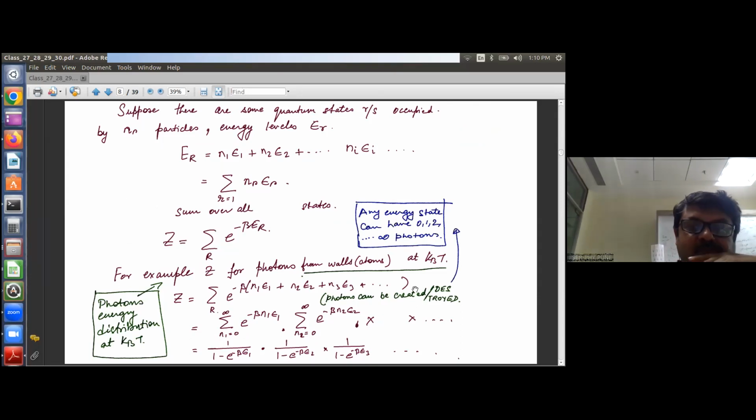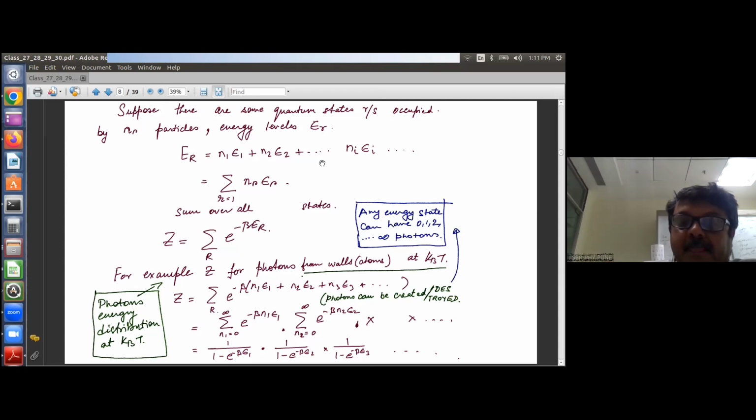Now suppose there was a set of quantum states corresponding to energy epsilon 1, epsilon 2, epsilon 3, epsilon i, up to epsilon n, and there are a certain number of particles. For photons, particles can be created and destroyed, so there can be very different numbers of particles occupying different energy states.